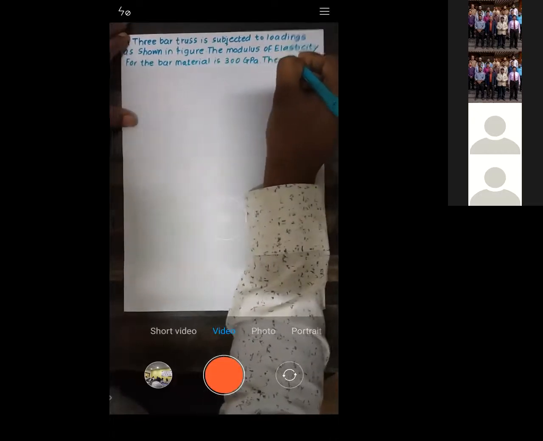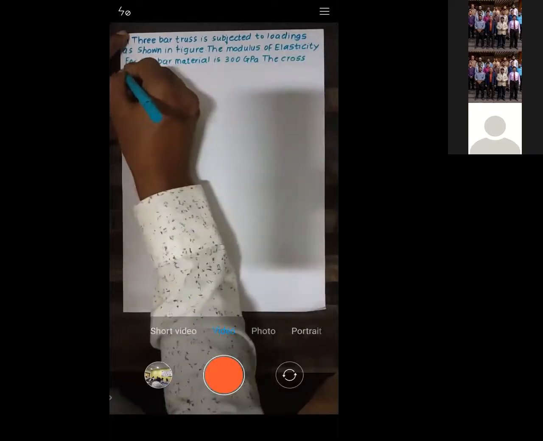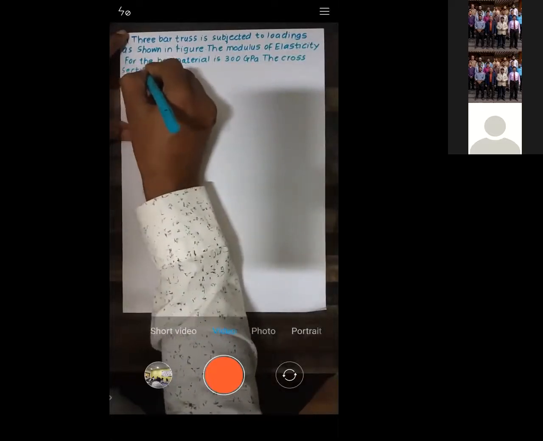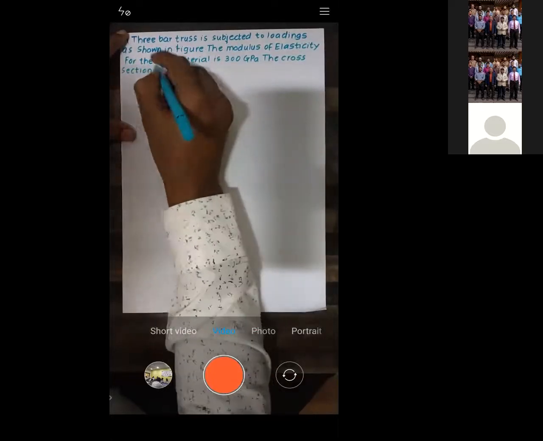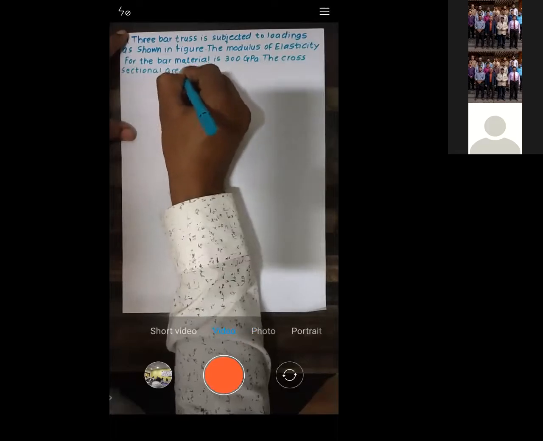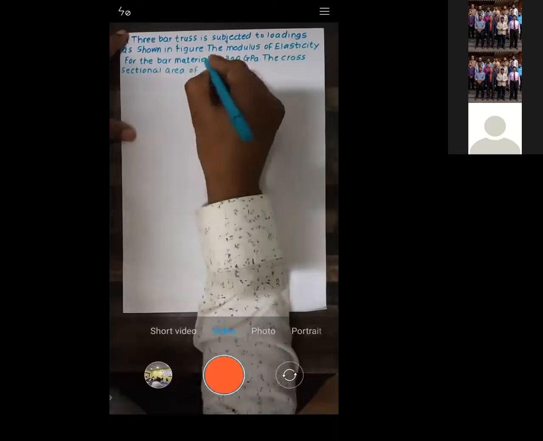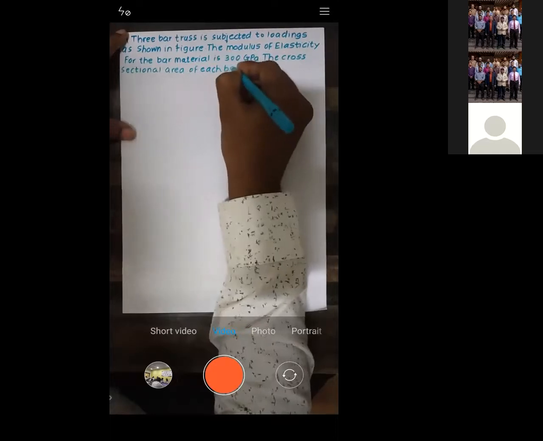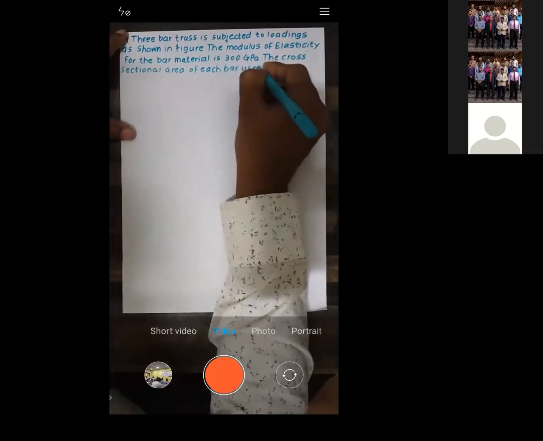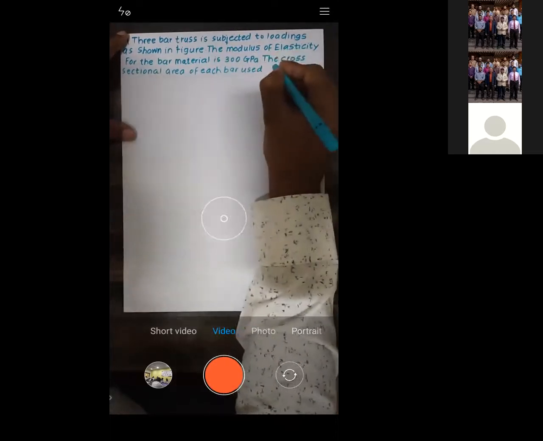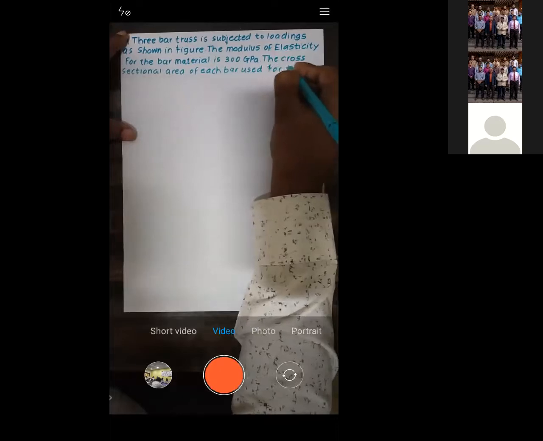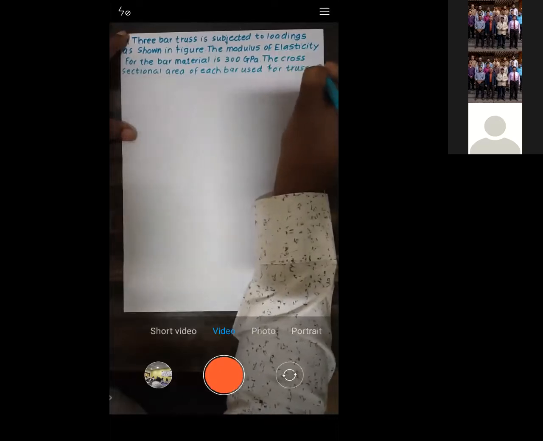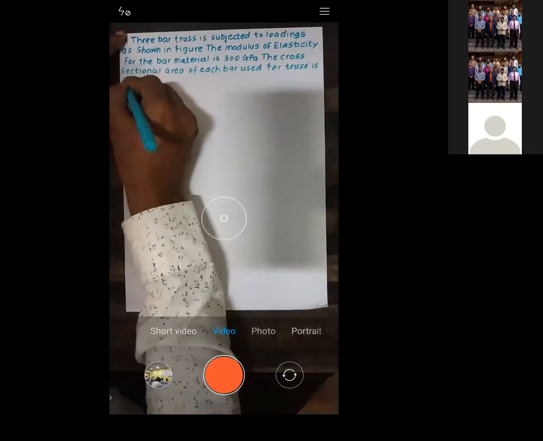The cross sectional area of each bar used for the truss is 300 mm square.